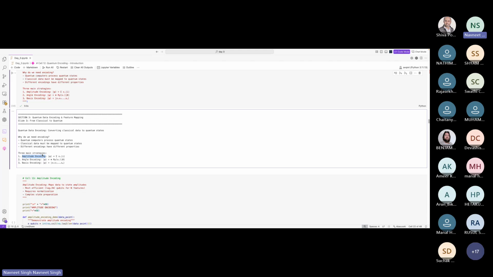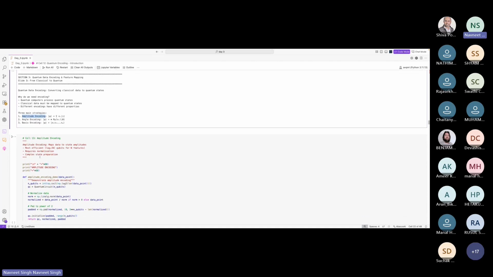Right now, classical computers have a certain limit to process data, but quantum computers can practically encode or process infinite-size data files.